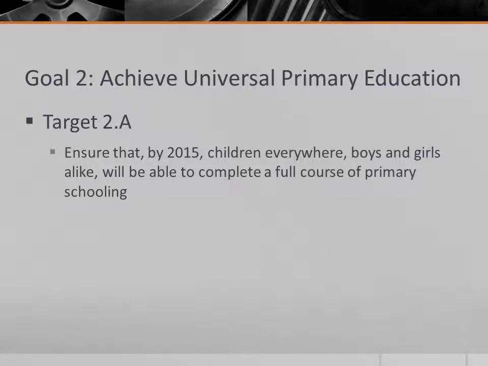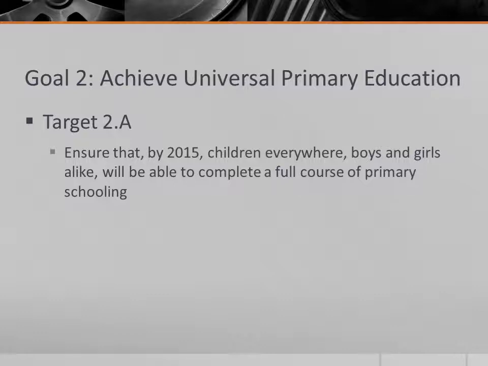Goal number 2 under the Millennium Development Goals was to achieve universal primary education. The specific target was to ensure that by 2015, children everywhere, boys and girls alike, will be able to complete a full course of primary schooling. So, K-5, basically. Now, we hit 91% in 2015. All right, 91% of all children were able to get a primary education in 2015.